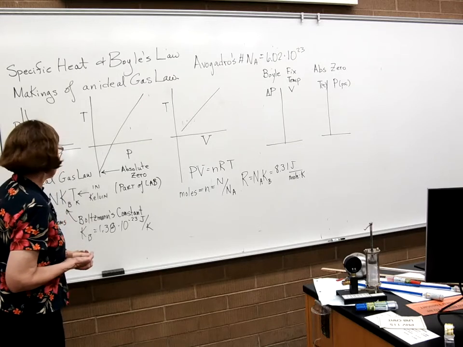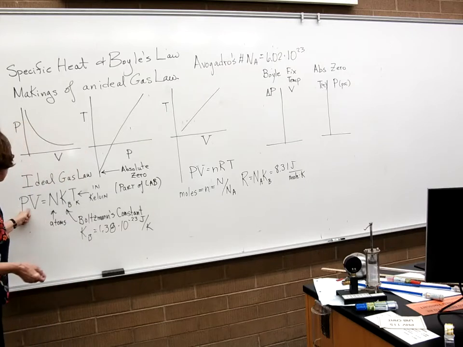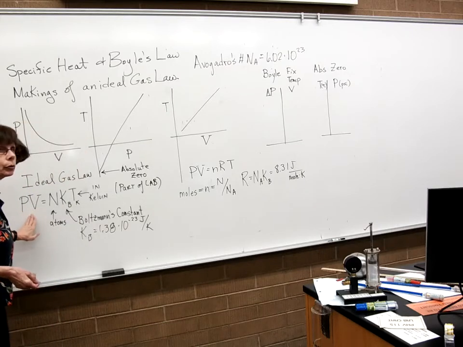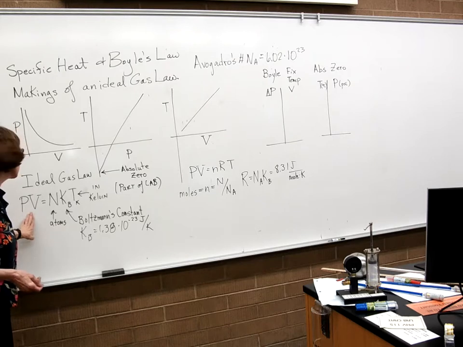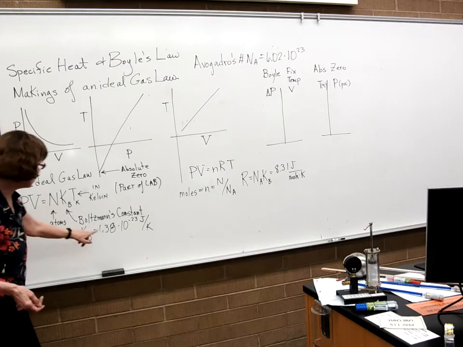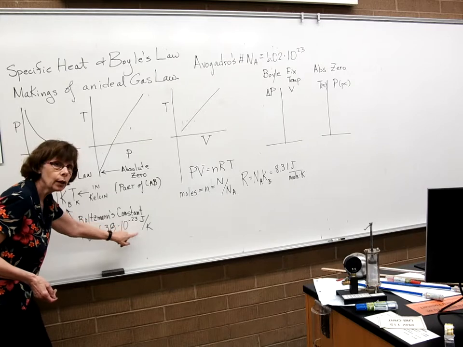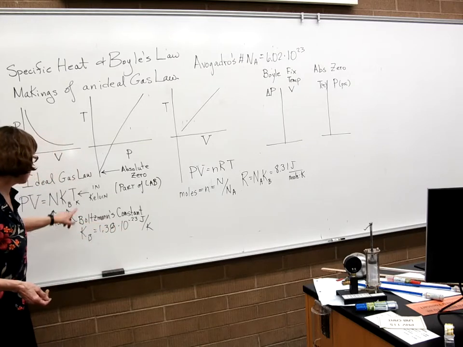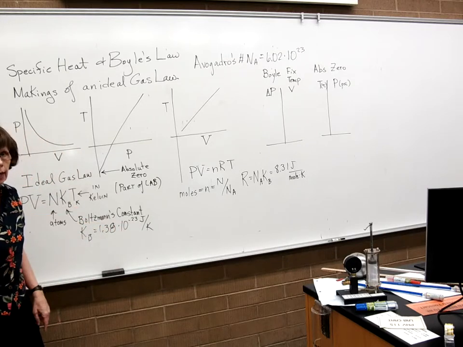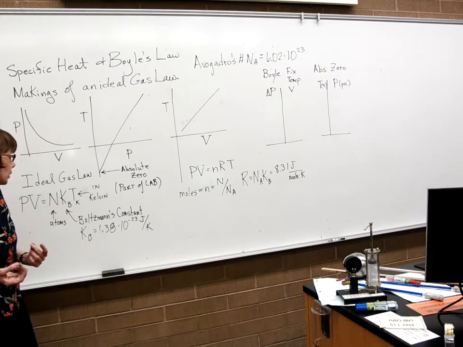And they developed from this the ideal gas law, which said the pressure times the volume, which is a unit of energy really, is going to be the number of atoms times what they call Boltzmann's constant, which is 1.38 times 10 to the minus 23 joules per Kelvin, times the temperature in a scale called Kelvin, which is an absolute temperature scale.